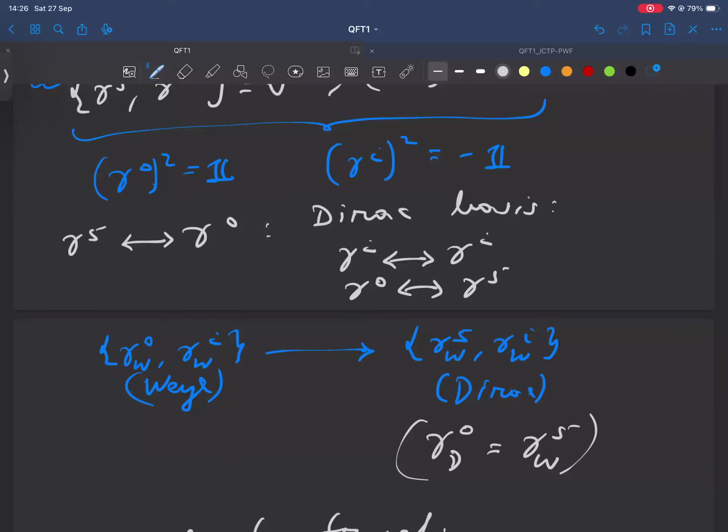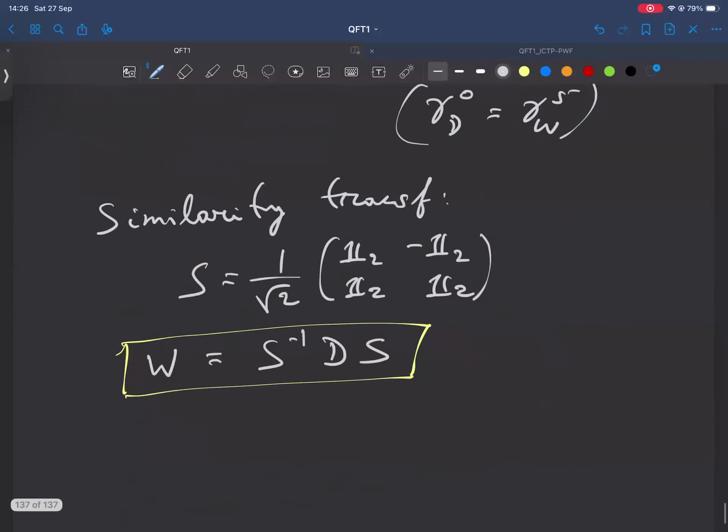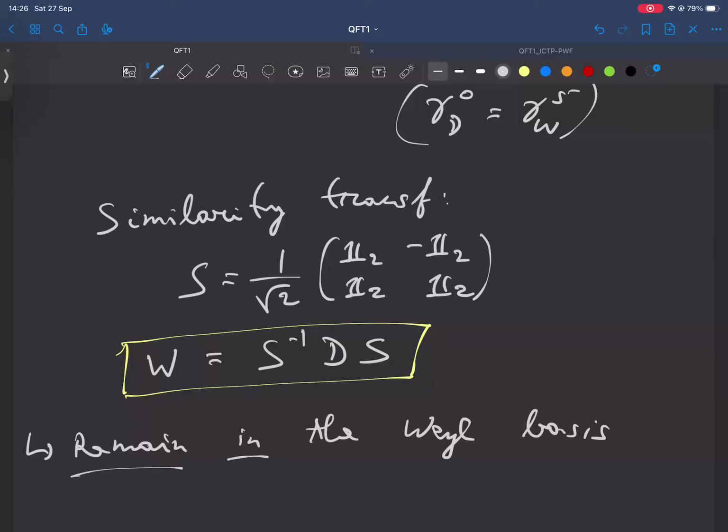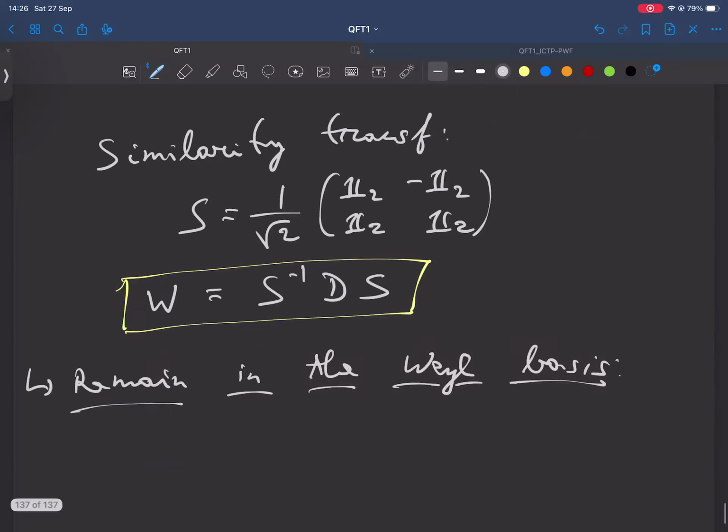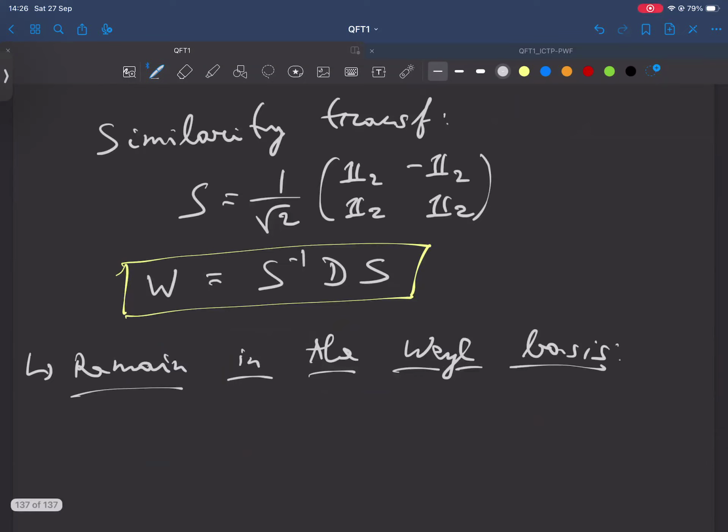So now let's see what this gamma 5 does. Again, just let us remain in the Weyl basis for now. But this was a good point to introduce the Dirac basis. But now let's go back to the Weyl basis. And because of these properties of gamma 5, you can easily show that this infinitesimal S mu nu will commute with the gamma 5.